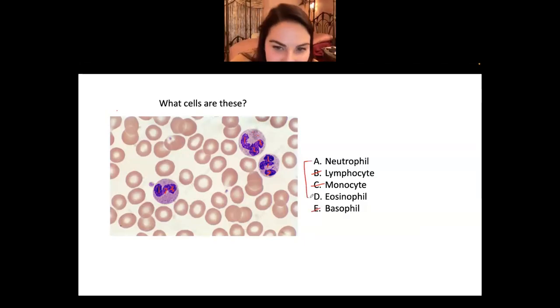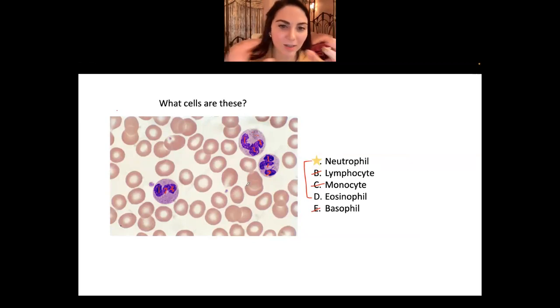These are classically the two that everyone confuses. I wish I had a comparison picture for what the other one looks like. These are neutrophils. So these are your PMNs. Eosinophils look just like neutrophils, which is why they're kind of tricky, but I'm telling you the granules are just going to pop out at you. Go back to the peripheral blood smear lecture and look at how pink.